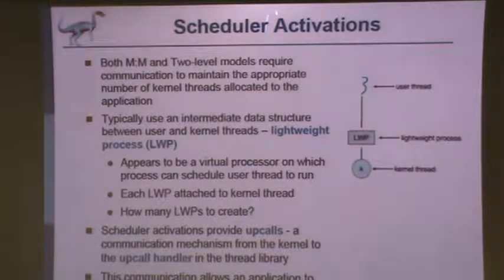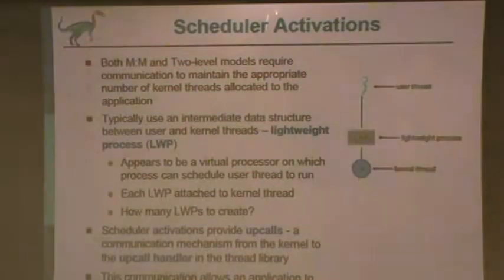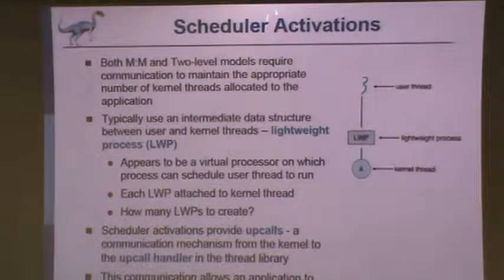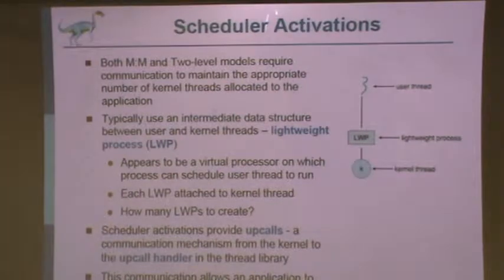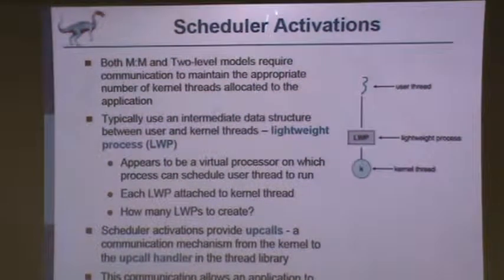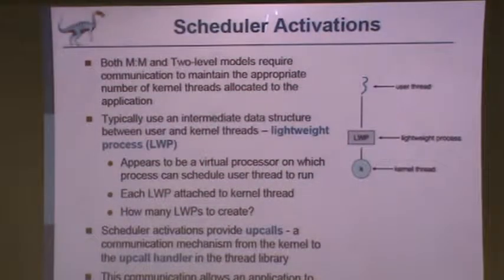Between them, we add an intermediate layer called a lightweight process to manage or schedule the allocation of the threads. The lightweight process has a virtual processor that can schedule the user threads to run.